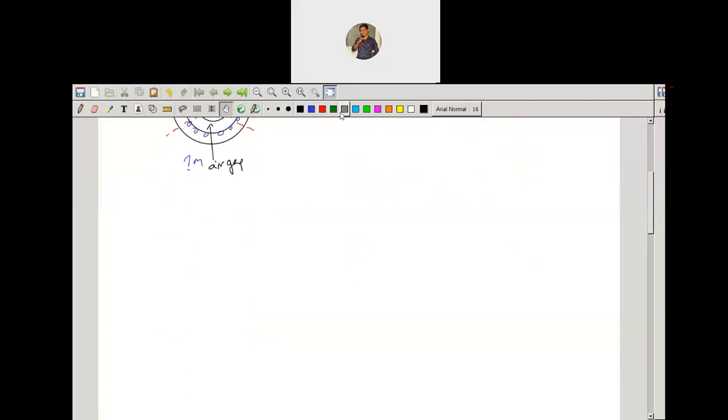If you remember this equivalent circuit diagram, I'm drawing the equivalent circuit diagram of the induction motor per phase. Okay, so let me draw this circuit diagram here.